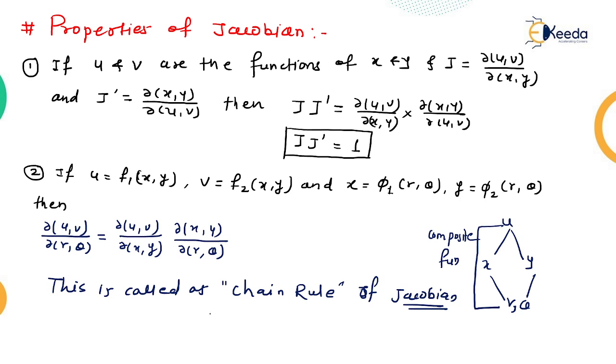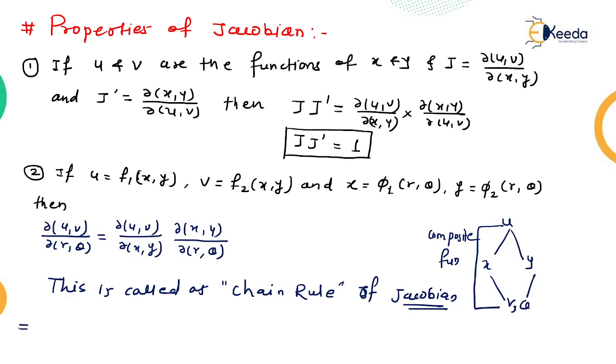It is similar to the chain rule of differentiation, that is, chain rule in partial differentiation, meaning chain rule in Jacobian. The chain rule of Jacobian is true for functions of 3 and more variables.